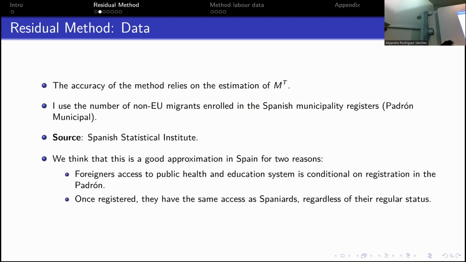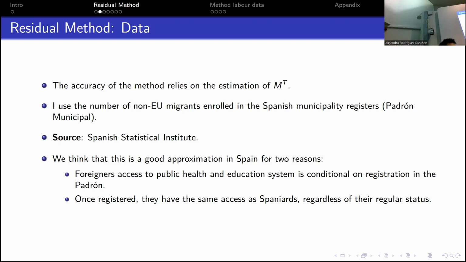We claim that Spain is a good case study for the reliability of this registration, because migrants in Spain have high incentives to register: access to the public health system and the public education system is conditional on registration in the municipality.